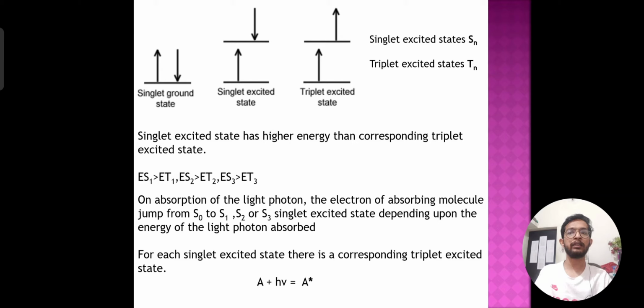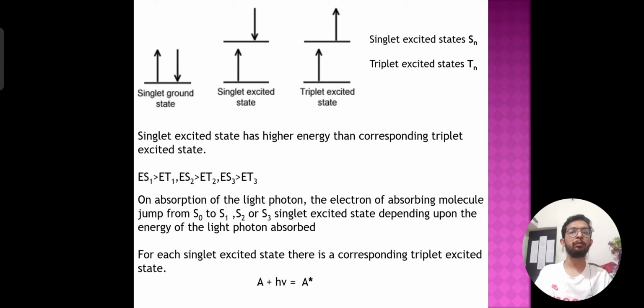One thing of immense importance is that for each singlet excited state there will be a corresponding triplet excited state, and the singlet excited state will have a higher energy than the corresponding triplet excited state in this series. As seen, the energy of S1 will be greater than the energy of T1 and so on.